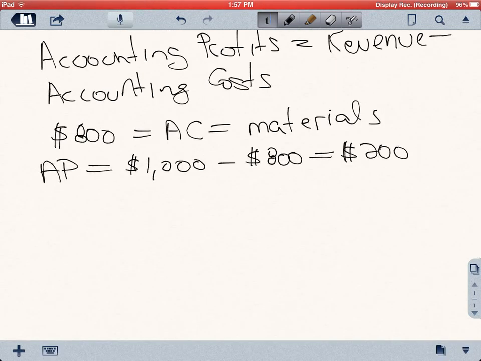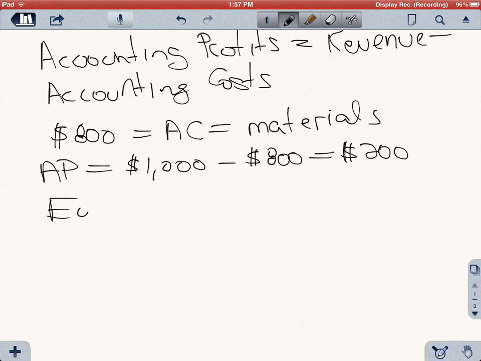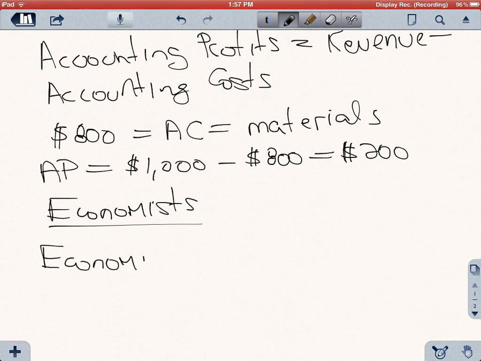So how would economists do it? Well, here's an economist. What the economist will do is say, well, your revenue is the same, the difference is in your cost. The economist will in fact count your accounting costs, but he'll add something else.